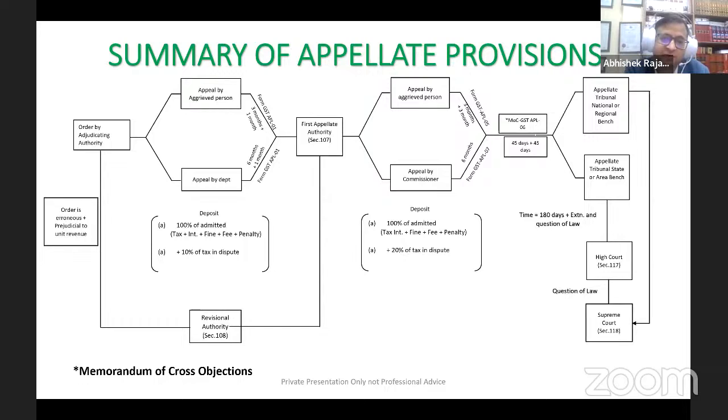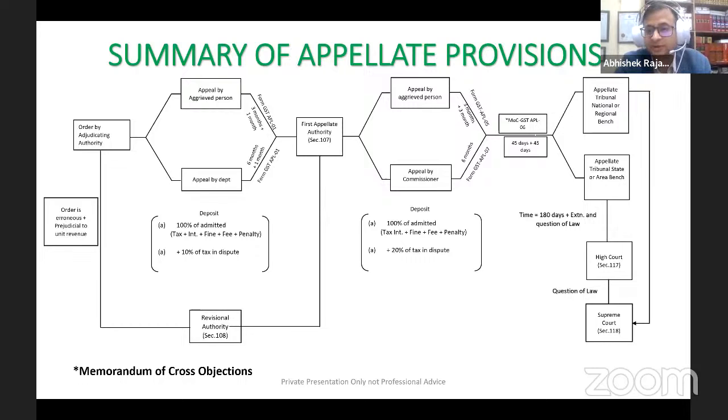First appeal, Section 107. The beauty of GST is that forms are as per the chapter name. So appeal, APL, it starts with it. So the form is APL-01.